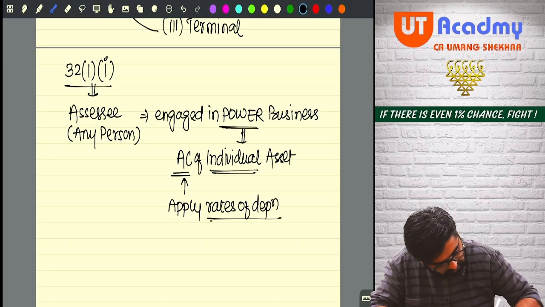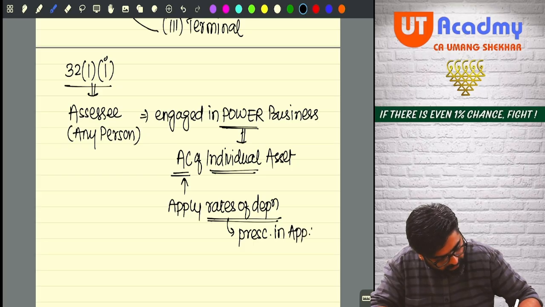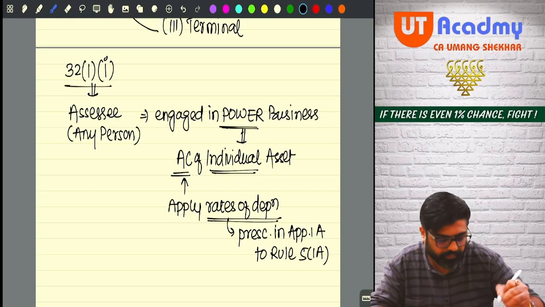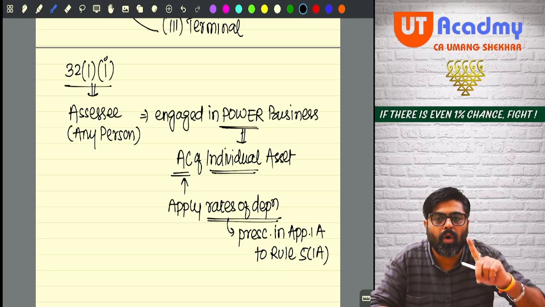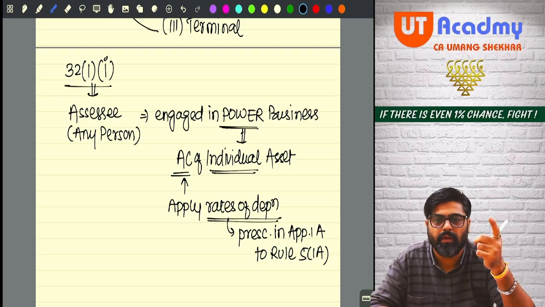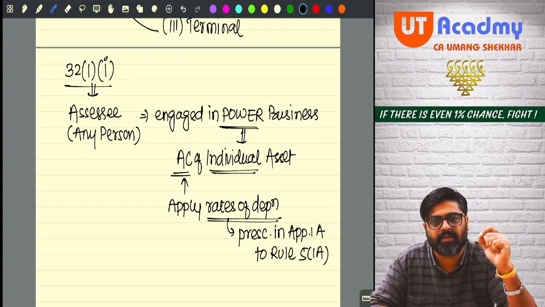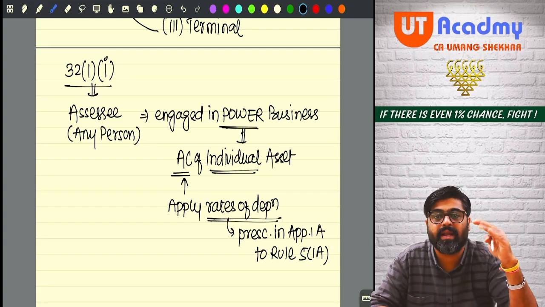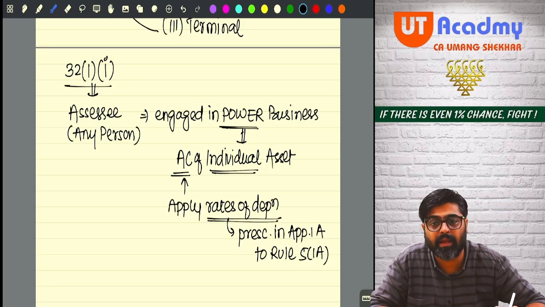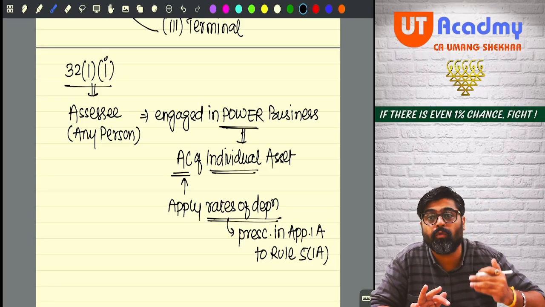The rates of depreciation which are prescribed in Appendix 1A to Rule 5(1A). On every different type of asset, a different rate of depreciation is prescribed. And where is it prescribed? It is prescribed in Appendix 1A to Rule 5(1A).